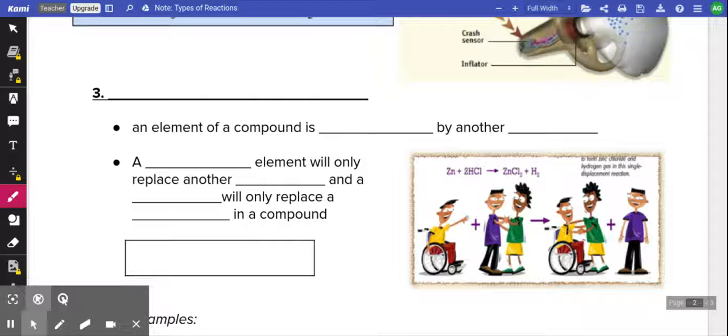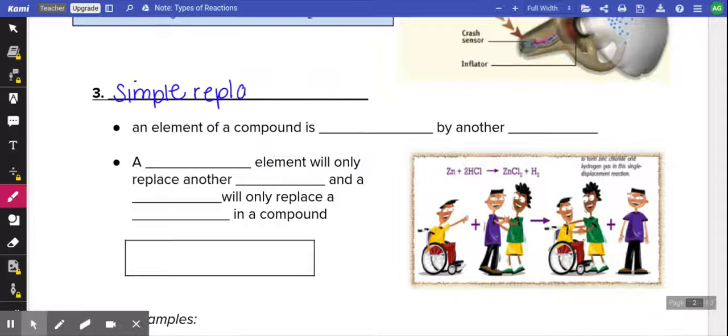Our third type of reaction is called simple replacement, or sometimes you will hear simple displacement. In simple displacement, you have an element or a compound that is replaced by another element or compound.